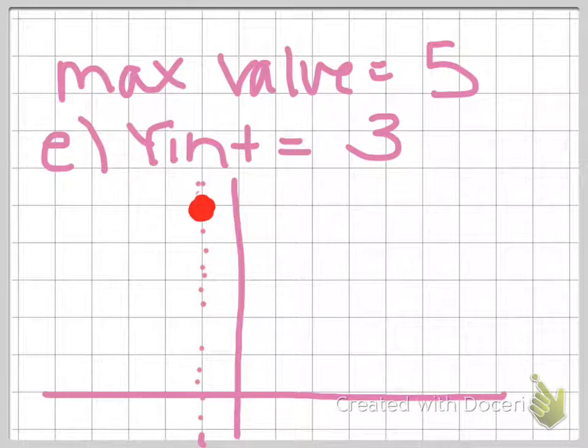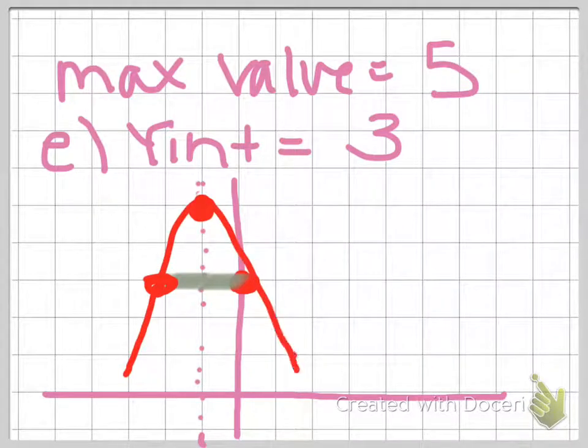I know my y-intercept's at 3. 1, 2, 3. Now I can see that from here to the axis of symmetry, I'm one space away. So my next point is going to reflect over the axis of symmetry and be one space away, right here. It's called mirroring.